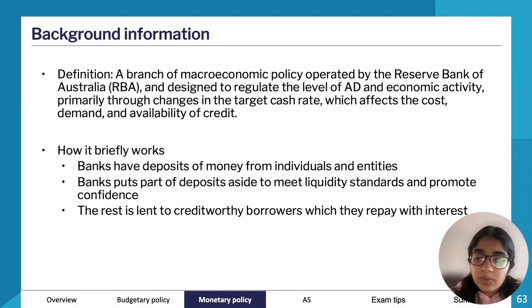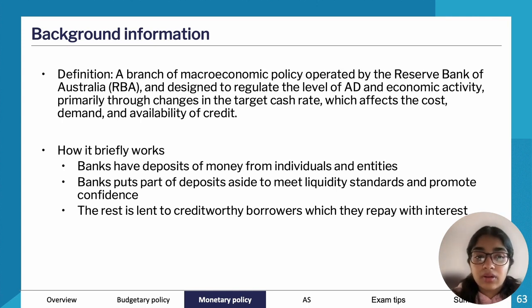Okay, so now we're talking about monetary policy. This is just a branch of macroeconomic policy, and it's operated by the RBA, or Reserve Bank of Australia. The main aim of monetary policy is to change the levels of aggregate demand and economic activity to affect inflation.